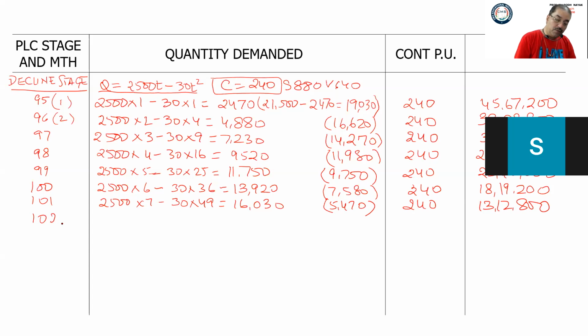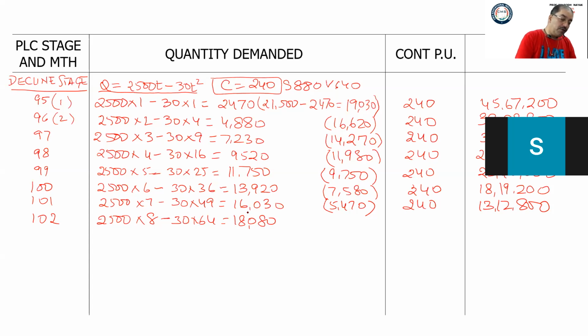Month number 102. 2,500 into 8 minus 30 into 64. 18,080.